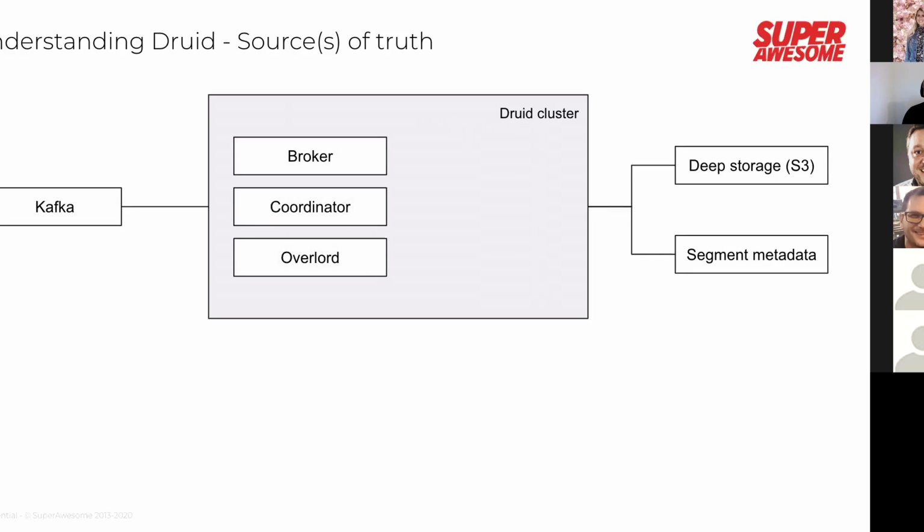Some of the Druid services store data only or mainly in memory. So you have the broker, the coordinator, and the overlord. If you were to restart these, you would lose the data that's in memory, but it wouldn't really be a problem because they would just re-register with the rest of the cluster, and they would function normally.